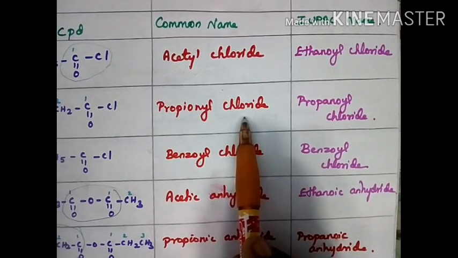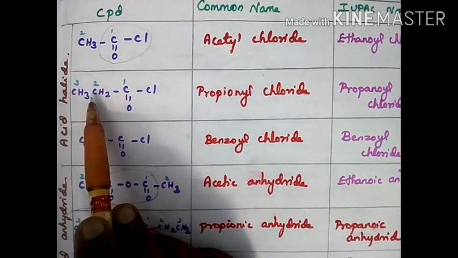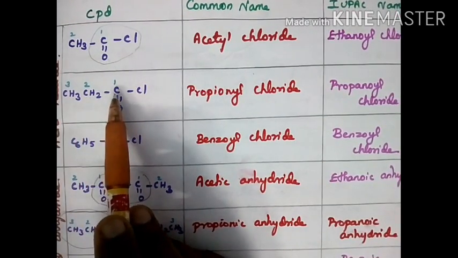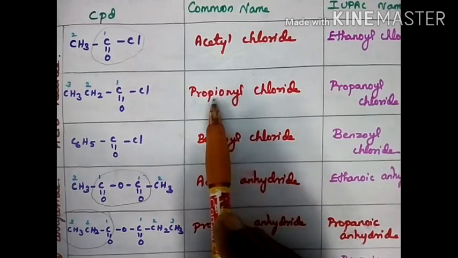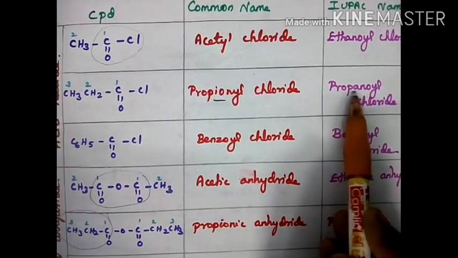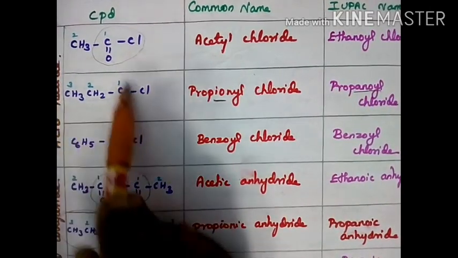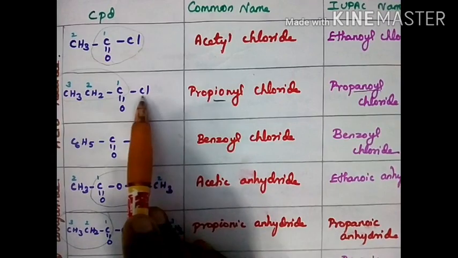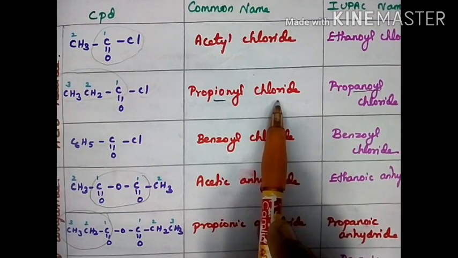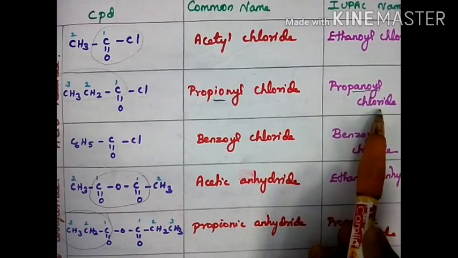Propionyl chloride. 3 carbons are there, 1, 2, 3. So the common name is propionyl. IUPAC name is propanoyl. So totally 3 carbon, so propionyl chloride. How to write the IUPAC name? 3 carbon means propan, oyl chloride.